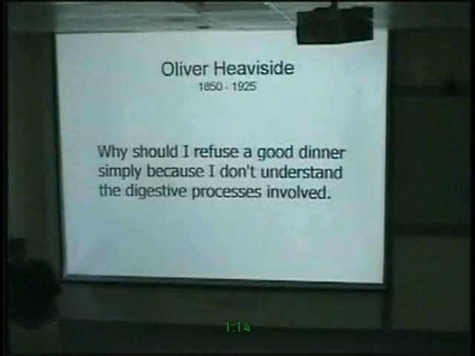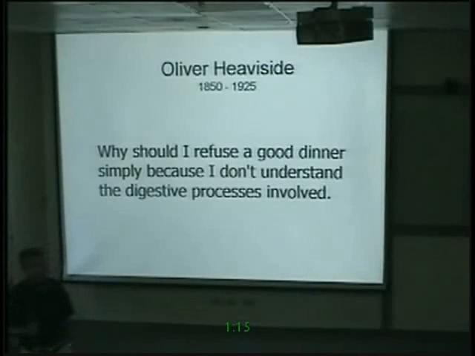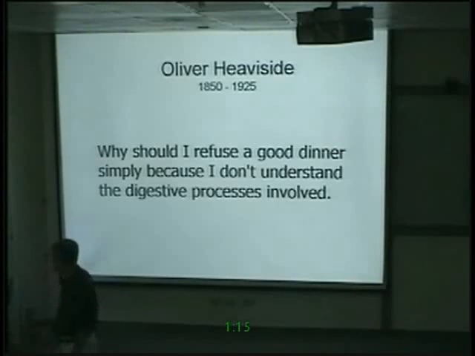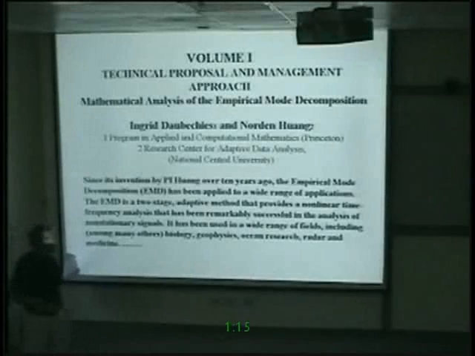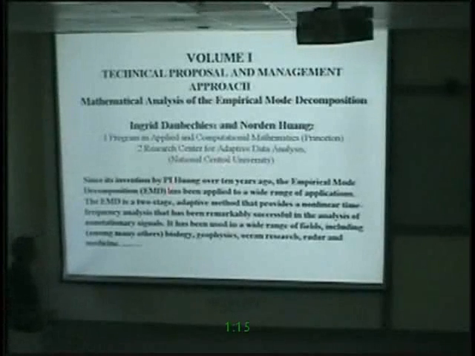Then people may think, say, hey, you don't have a mathematical foundation yet. Why then do you keep teaching this method? As you can see a few view graphs ago, this is our opening statement in the proposal.